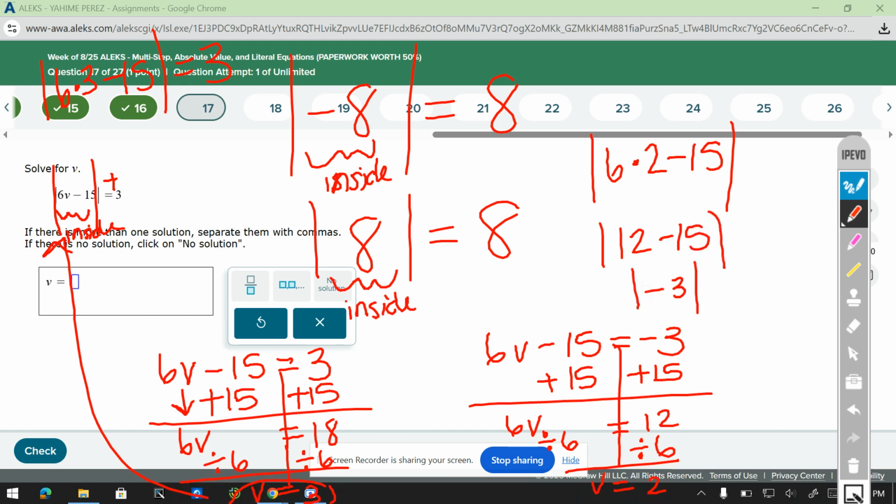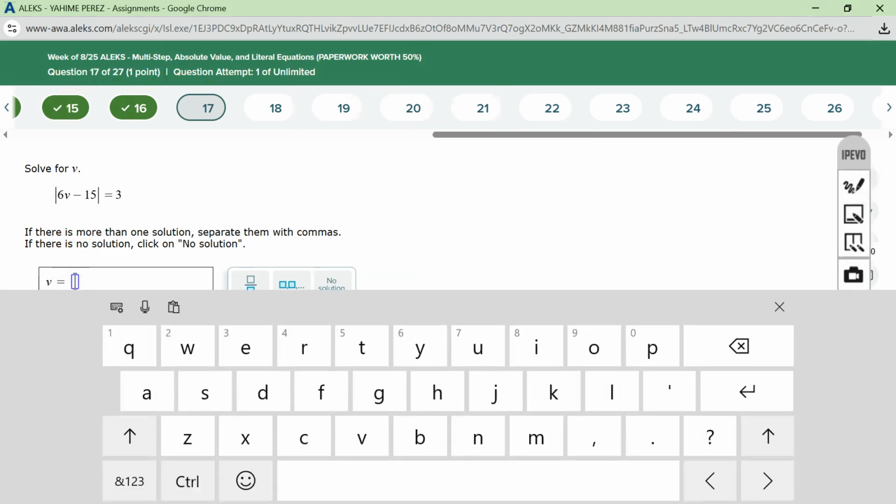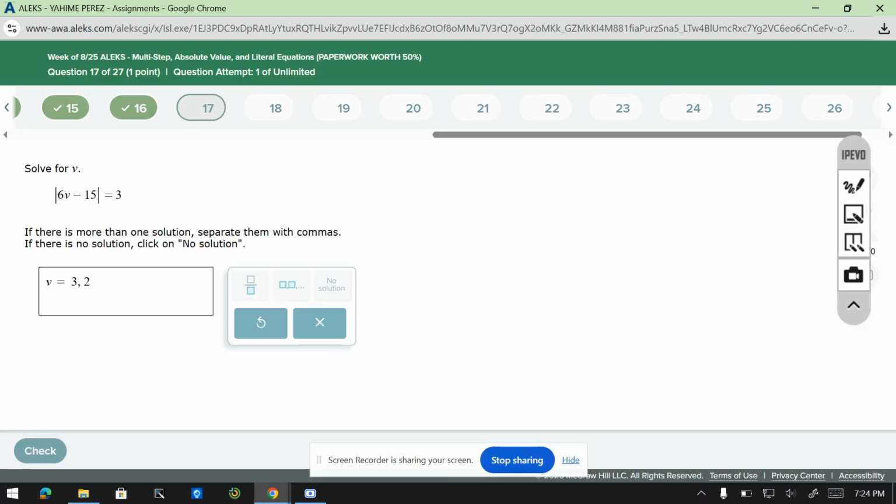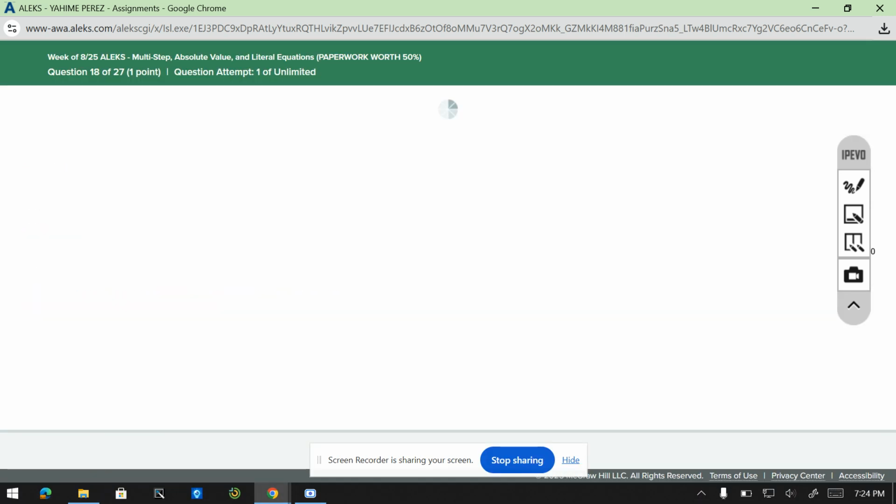However, the absolute value of -3 is equal to 3. So this does work. Both solutions work, so our solution would be 3 and 2. Both are possibilities. Going on to 18.